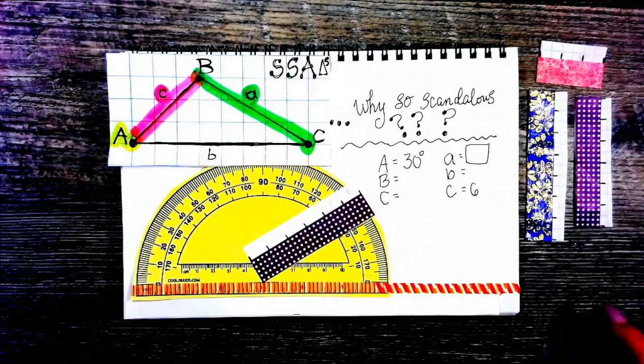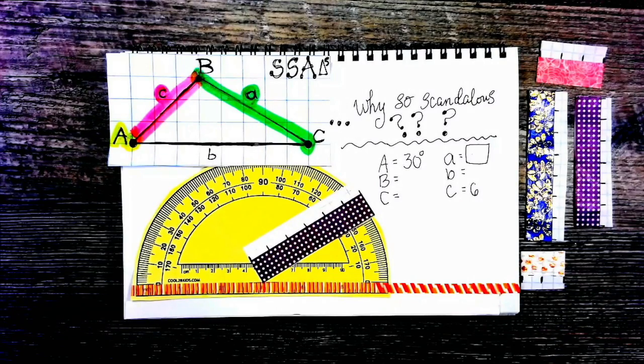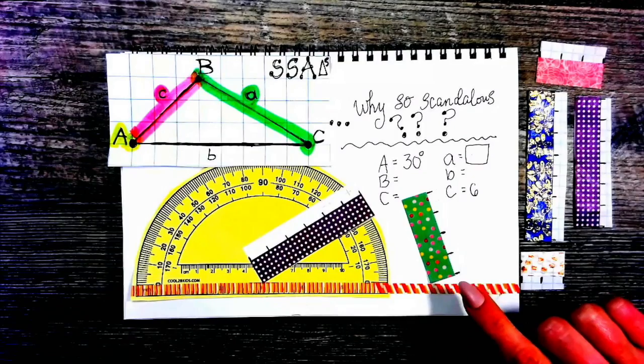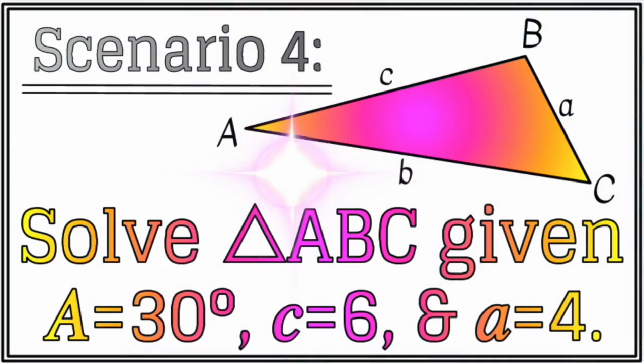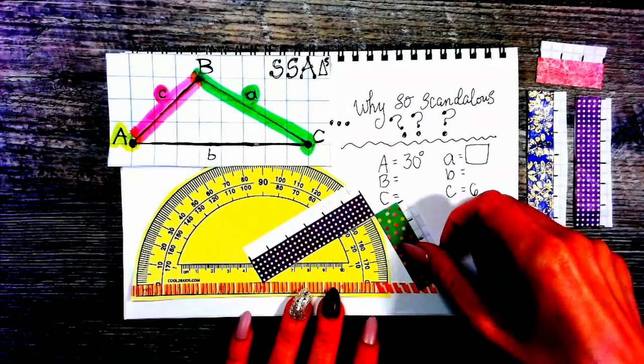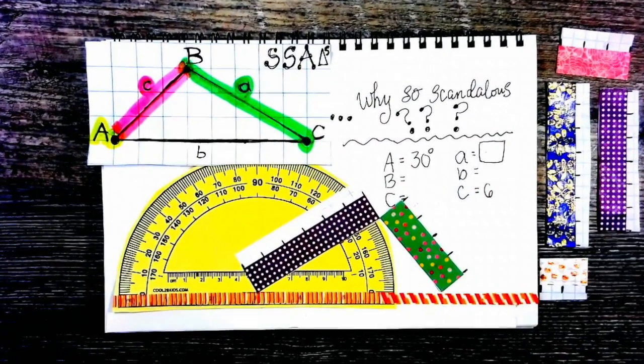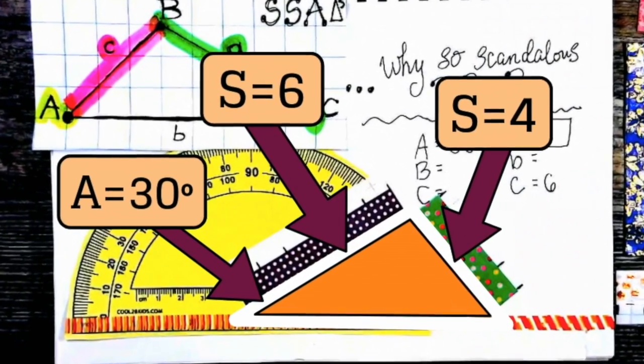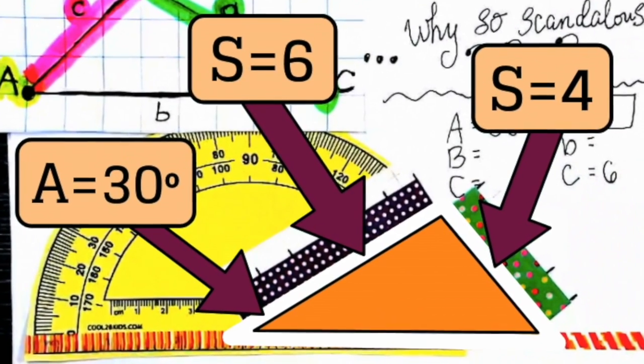And in example 4, the last side length, we have a segment for A that has a length of 4 units. If I connect this one, it's like it needs to be just about there. Is there another way I could put this triangle together?